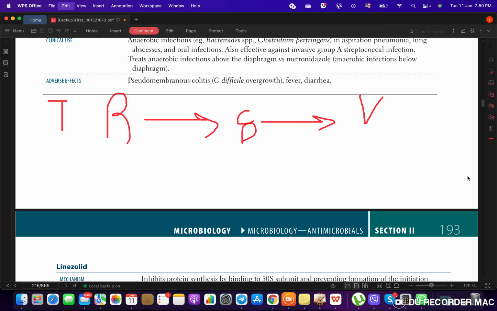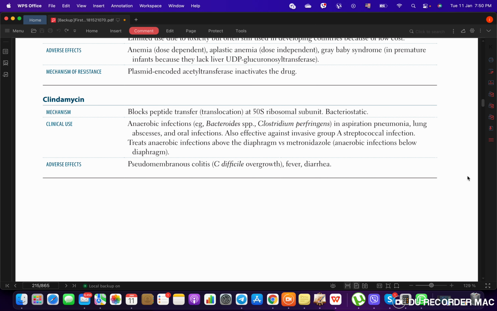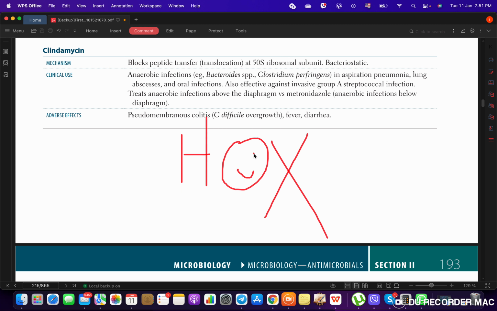Why? Because this drug is highly hepatotoxic and also teratogenic, which means it can lead to serious problems in the baby. In the future, if they ask you why, tell them because it binds to the HOX gene. You're like, what is the HOX gene? Well, in the future, I will be teaching you in reproductive, you have 46 chromosomes.